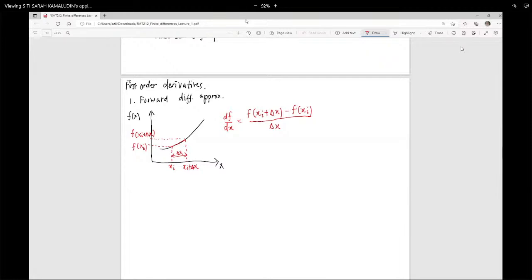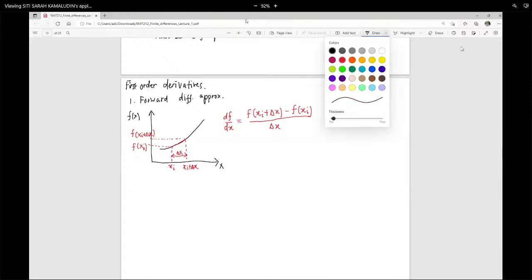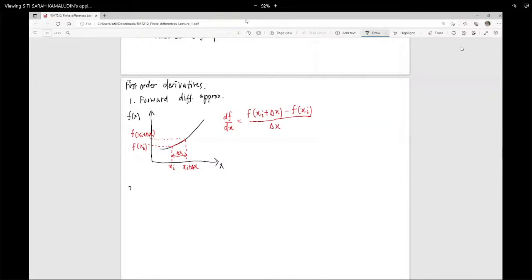And then for the second one, we have our backward difference approximations.